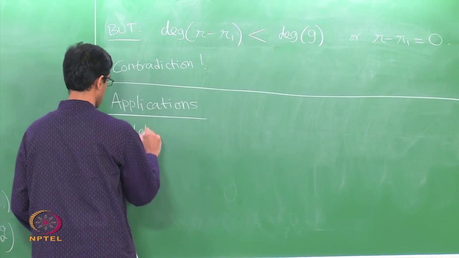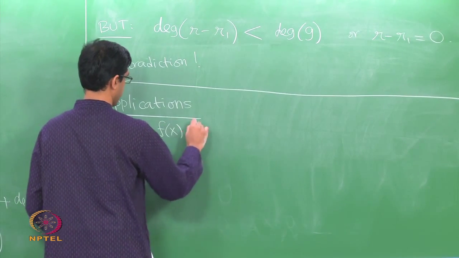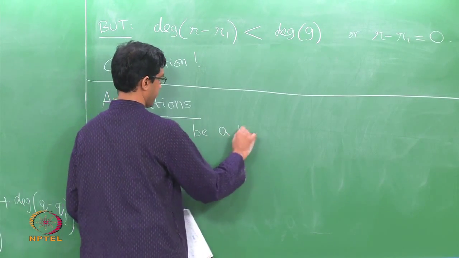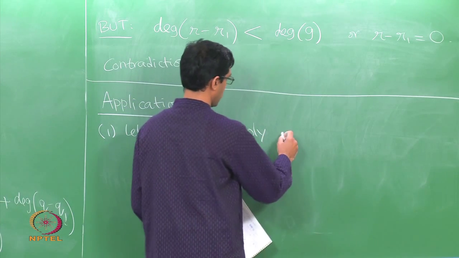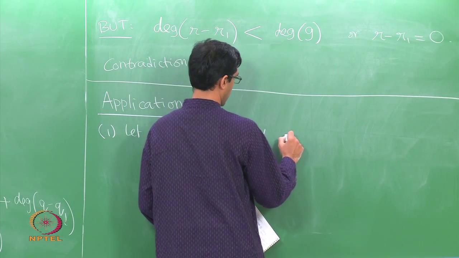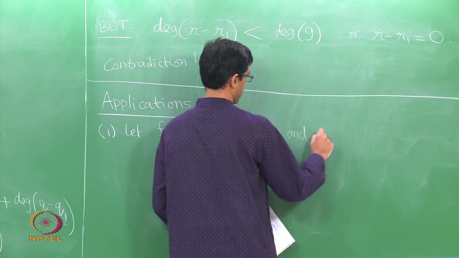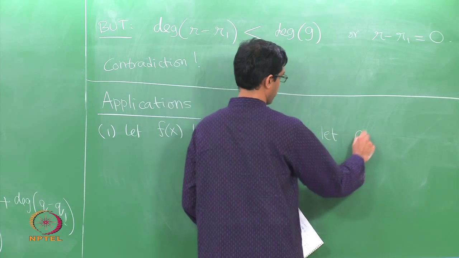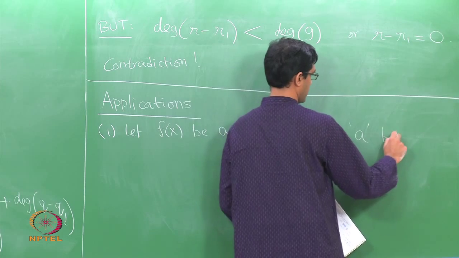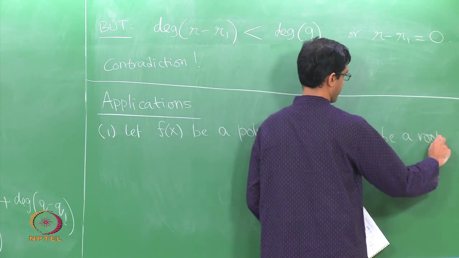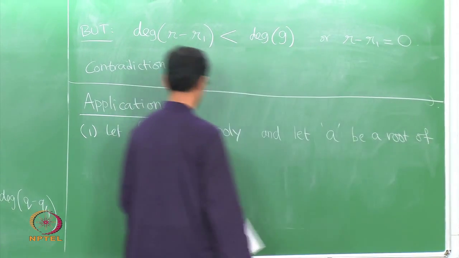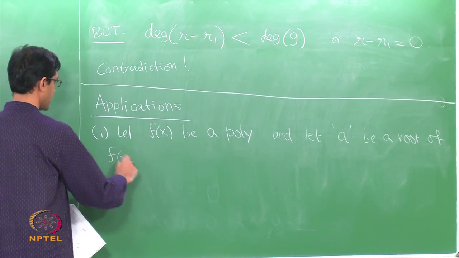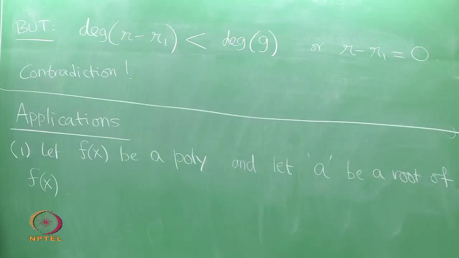Let f of x be a polynomial and let a be a root of f of x. A is a number, you could assume it is a real number or a complex number and so on according to the case.